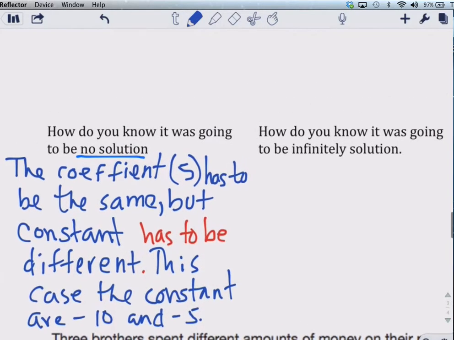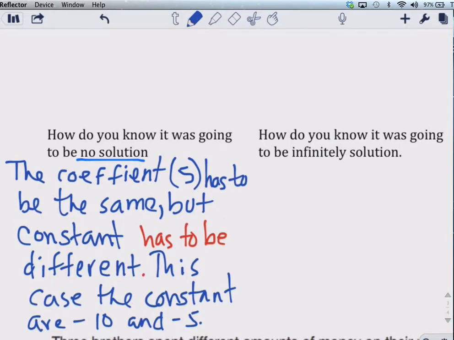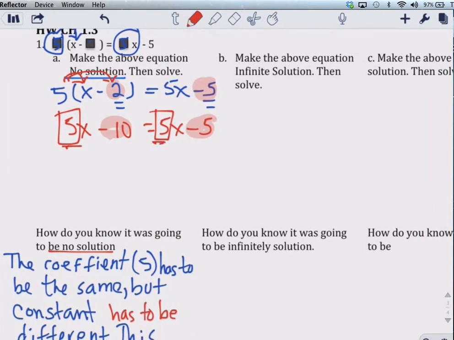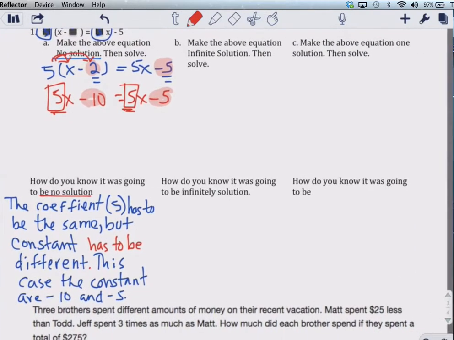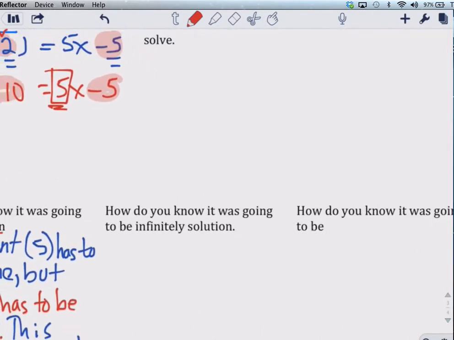I should put here, in order to make it more correct, complete sentences. Okay, I don't have any room. I write too big. But you should put, in order for your problem to be no solution, the coefficient has to be the same. In this case, it's 5. Both of them are 5s. But the constant has to be different. In this case, the constant is negative 5 and negative 10.